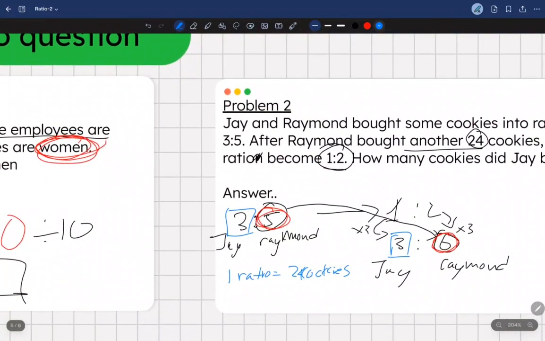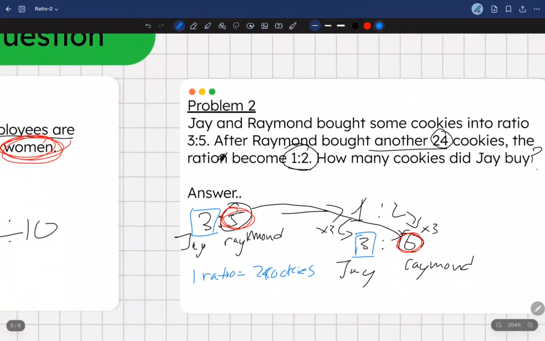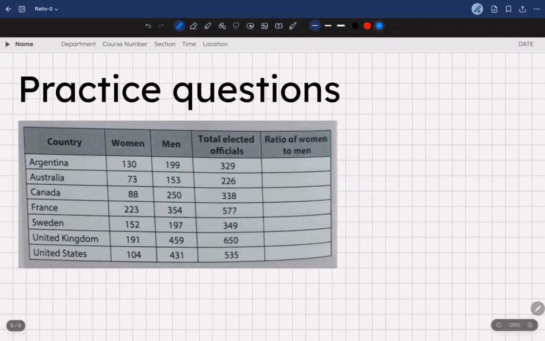Now therefore, since Jay has the ratio of 3, we should do 3 times 24, which is 72 cookies in total. That's how I solve it.